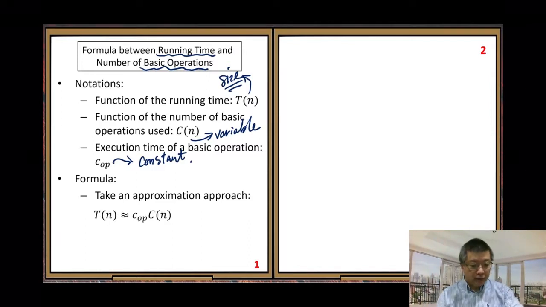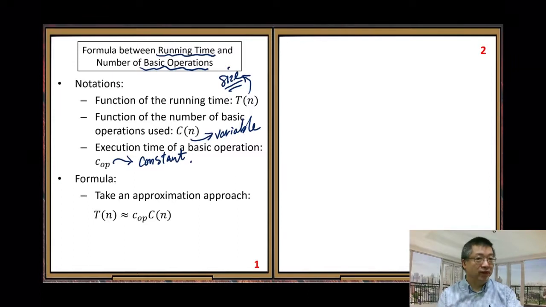The first approximation formula: T of n is approximately equal to c sub op, a constant multiple, times C of n.